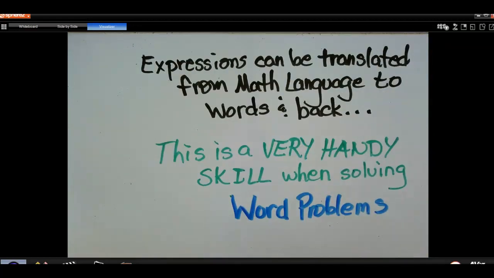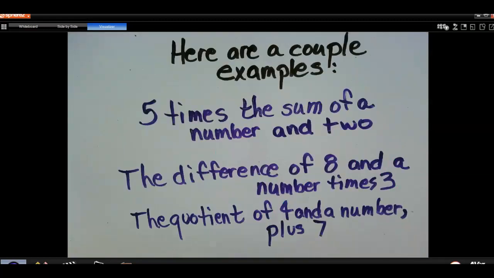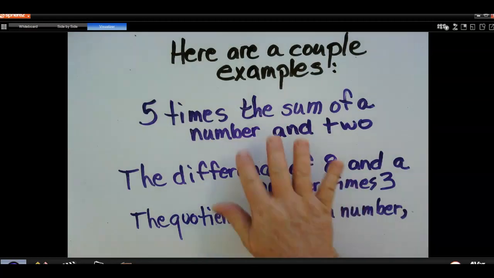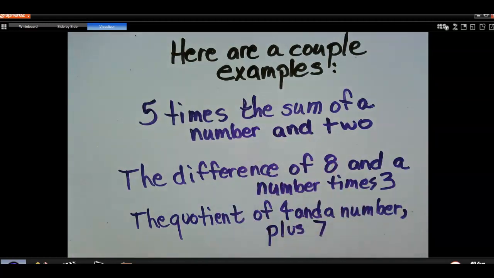So expressions can be translated from math language to words and back again. This is a very handy skill when solving word problems in particular. Okay, and to end this particular video, here are some examples of translating expressions from words into math language.